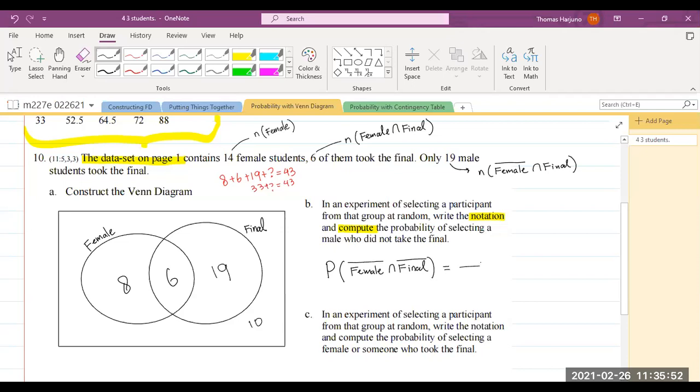Now, how many students in that Venn diagram are male and not taking the final? Male and not taking the final will be 10 out of overall 43 students.